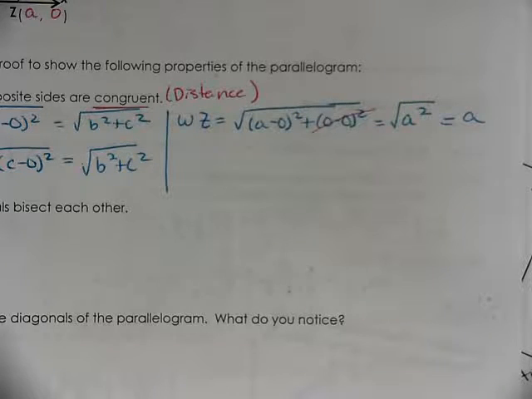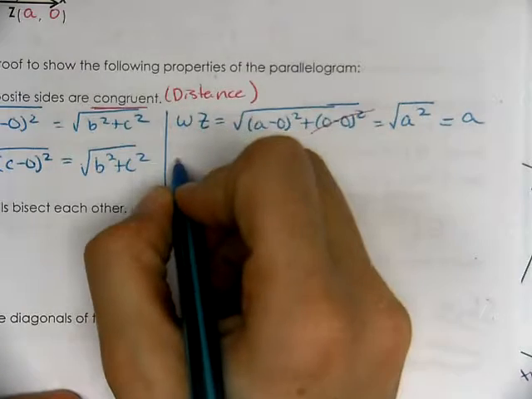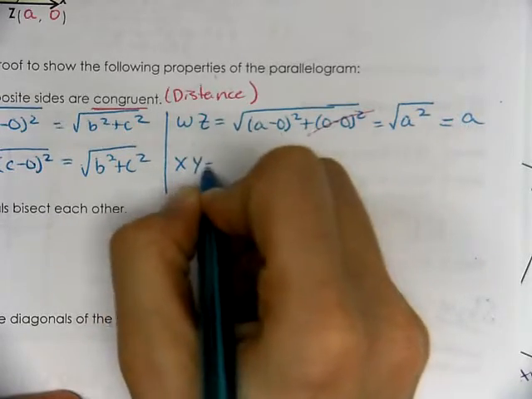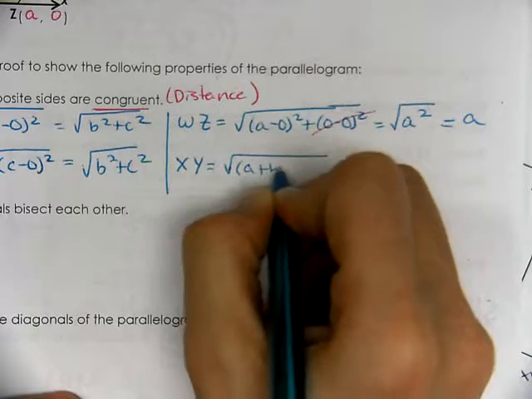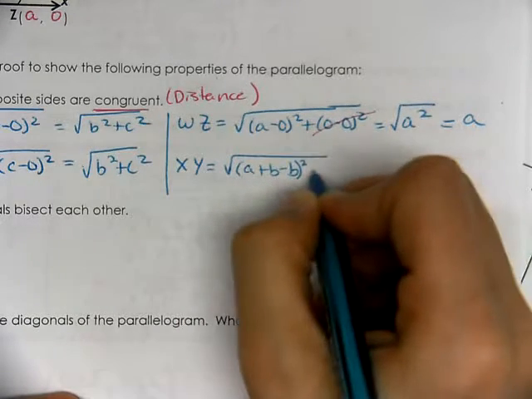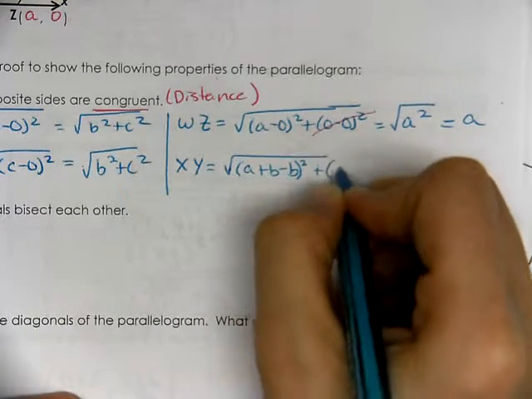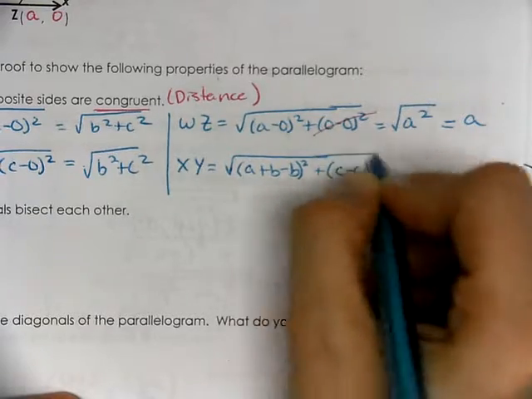So now we're going to look at XY. Square root of A plus B minus B squared plus C minus C squared.